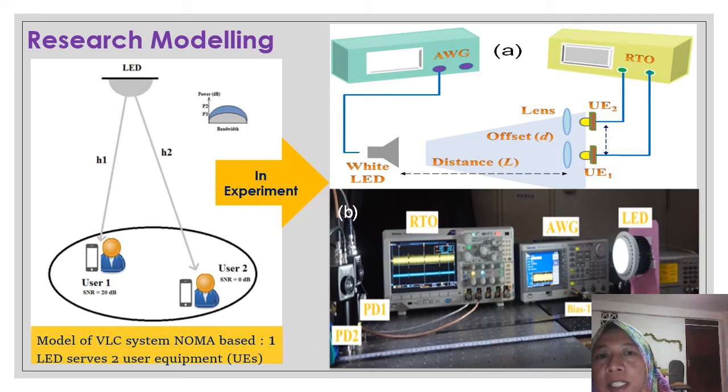An AWG sends the data signal to a white LED. The LED transmits the signal to photodetector 1 and photodetector 2, representing UE1 and UE2. The received signal is captured by a real-time oscilloscope and decoded using a computer.